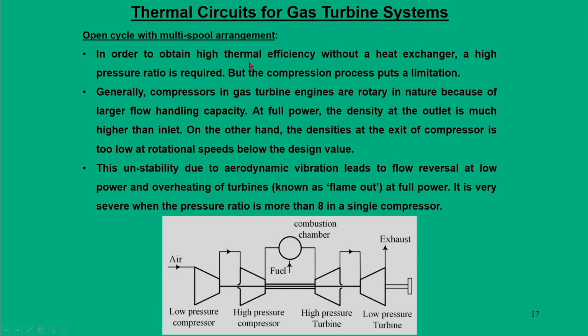In order to obtain high thermal efficiency without a heat exchanger, when a high pressure is required, the compression process puts a limitation. Generally the compressors in gas turbines are rotary in nature, because they have large flow handling capacity, and at full power the density at the outlet is much higher than at the inlet.